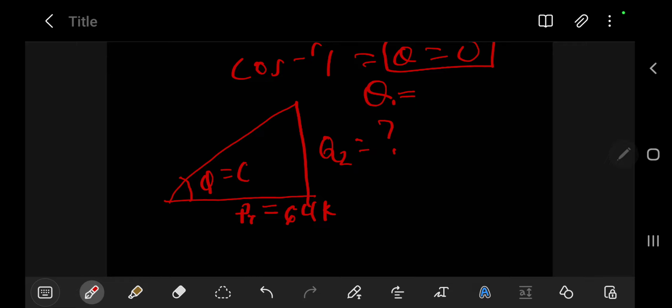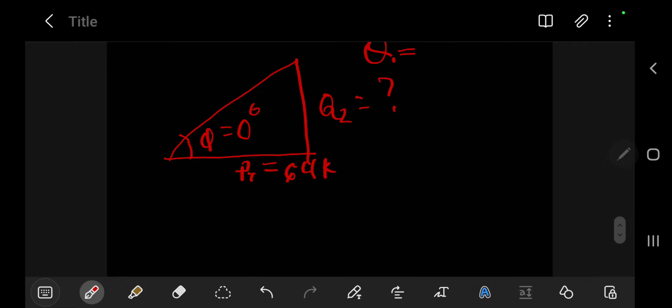So we have found this angle to be 0. If we have the opposite and the adjacent, it's a tangent function. So we just say tangent of phi is the opposite, which is Q2, over the adjacent, which is 64K.